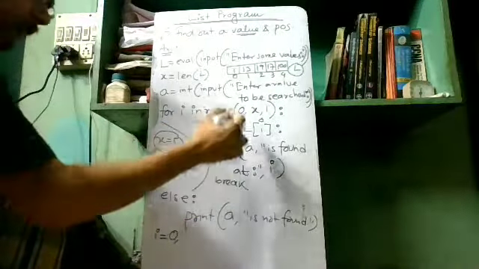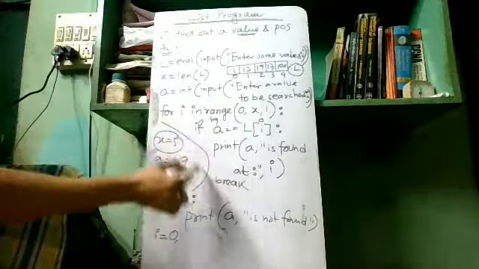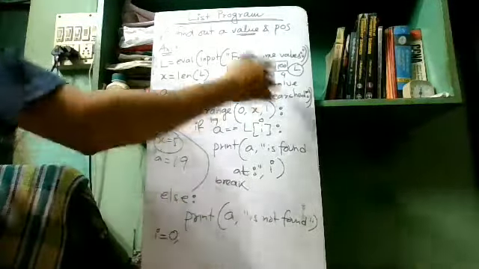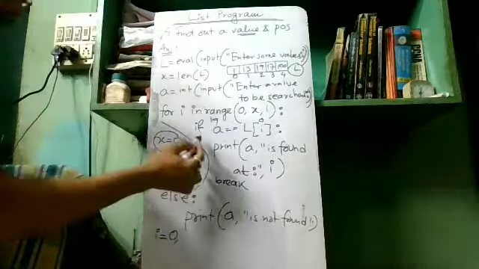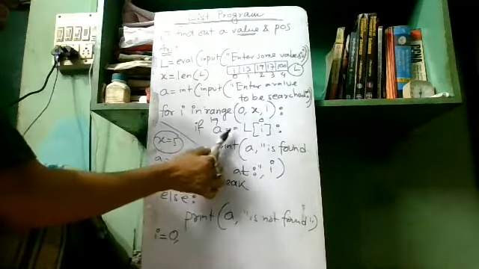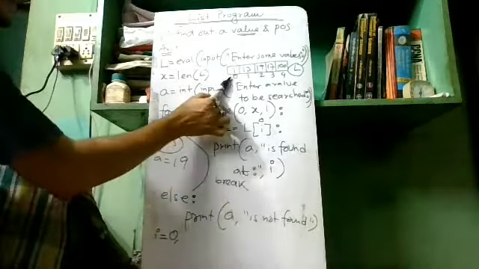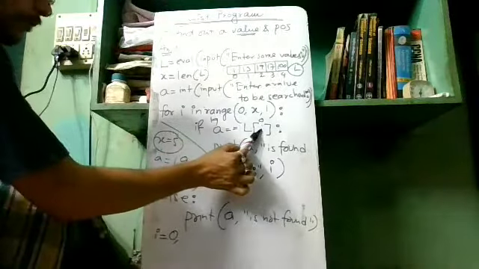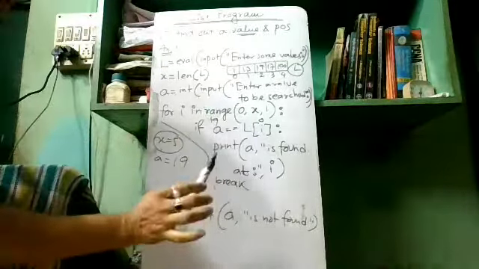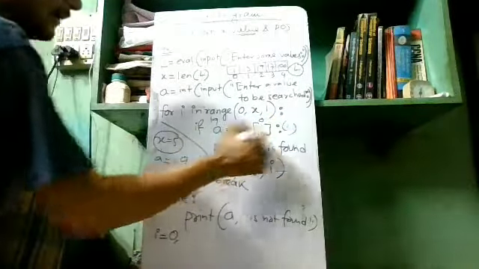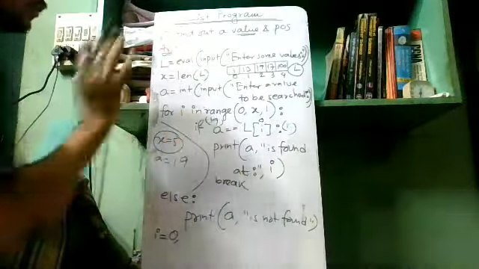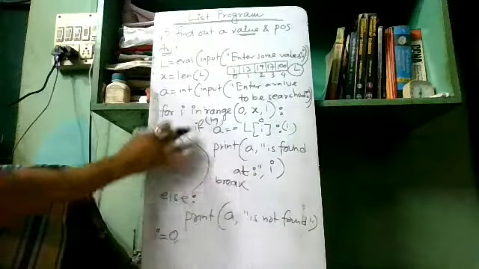Then when this part will not work, the loop will circulate. Again 19 equal to L0. L0 means 1. That means 19 equal to 1? No. So this if will not work.